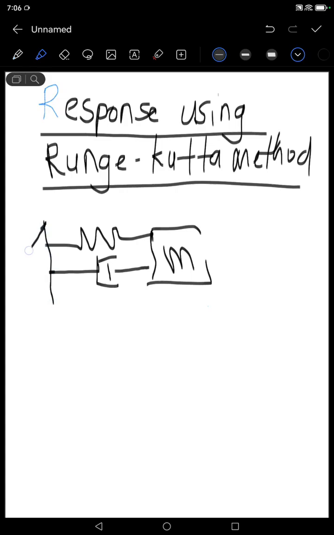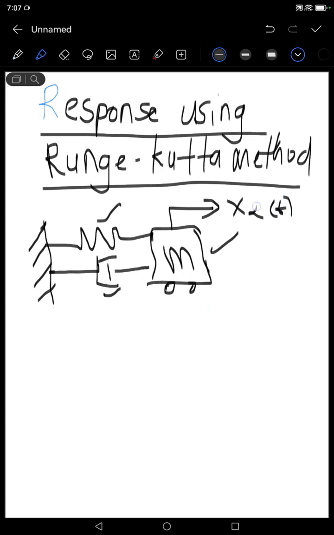Let's just imagine a car suspension with a spring, a damper, and a mass, and the mass has wheels. If we push it with a constant force, this spring is going to stretch, this damper is going to resist, and the mass is going to move.